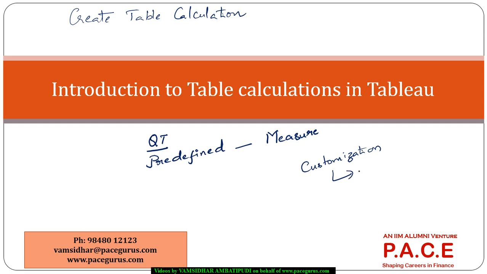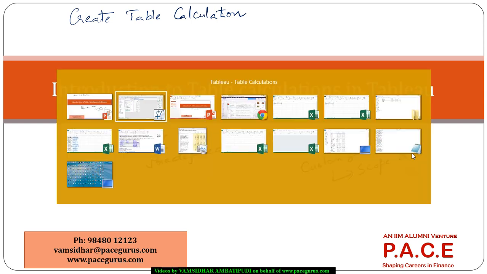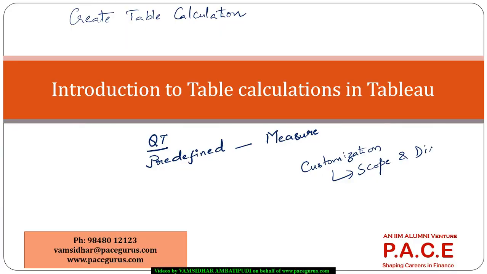And those are the things that come into the perspective of the scope and direction. They are the terms which describe how the table calculation should be done relative to a table.